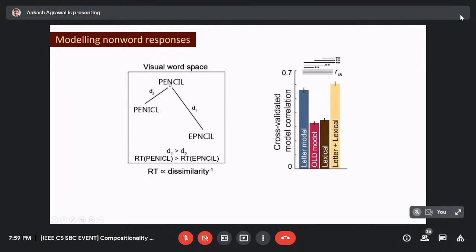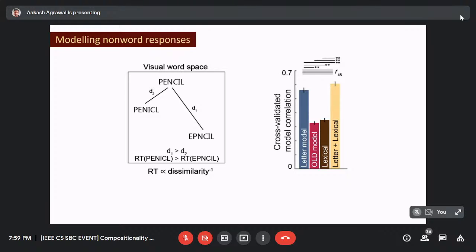So to do this matching process, there should have been some stored template of what the pencil response would look like. Here I could model that, because I could store the responses in my data. I know what the response of pencil would look like and what the response of the jumbled version would look like, and then compare them to find the dissimilarity. But when you see only one input, like P and ICL, then to have a similar response time, it should do some computation inside the brain, some matching process. I don't know how that happens, but that's where the memory component would come in, or some stored template of the word.